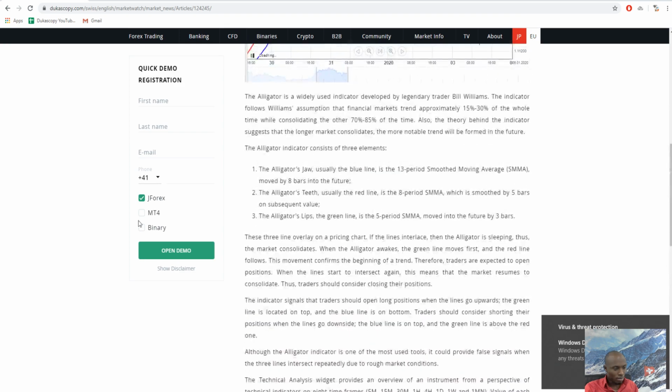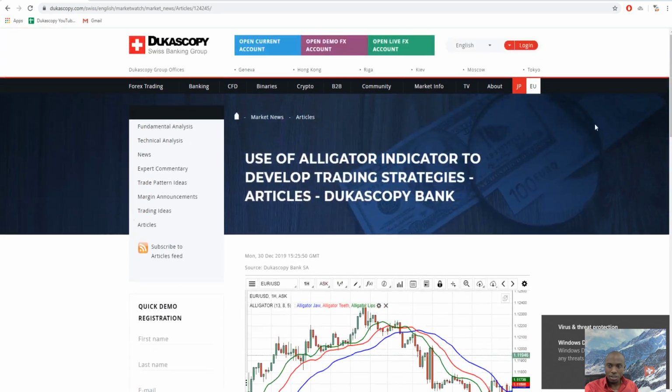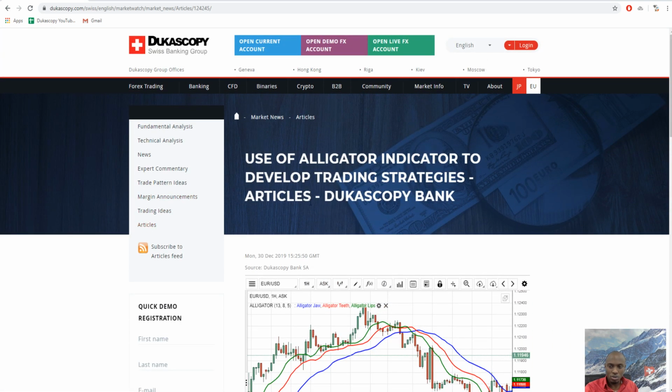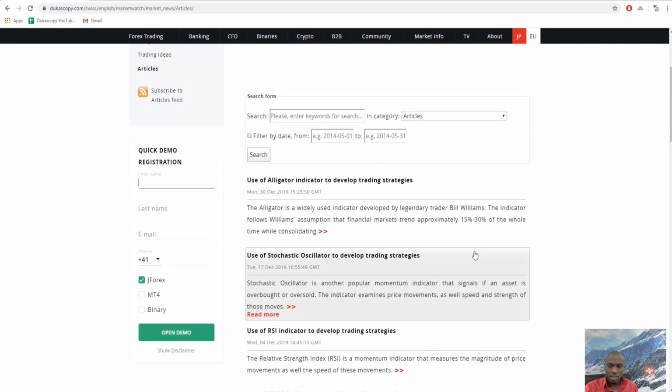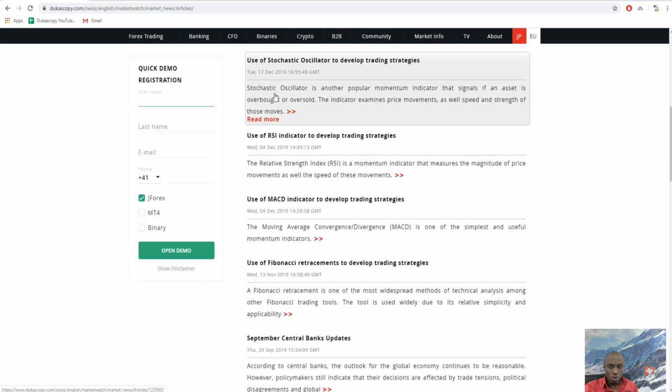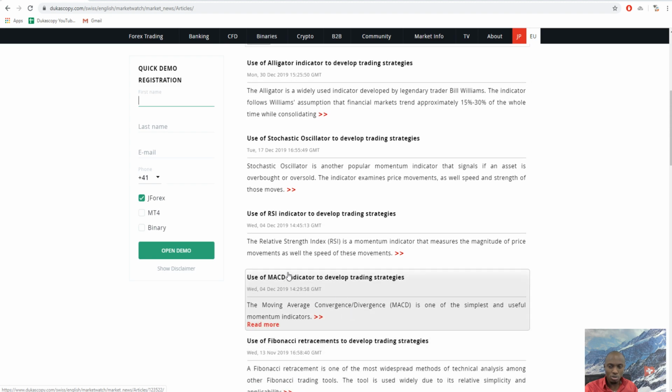So let's talk about the alligators. Before I go further, you can see it's an article, the use of alligator indicator to develop trading strategy. You can find it in the article section on our website. I said a few seconds ago that I already did videos concerning the use of Fibonacci and the use of MACD.